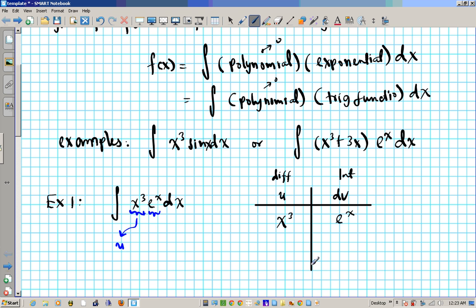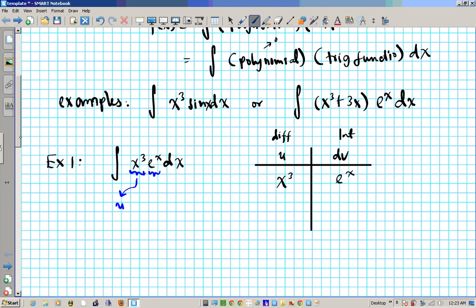So I'm going to differentiate each row repeatedly until I get to 0. What's the derivative of x to the third? 3x squared. What is the antiderivative of e to the x? It's just e to the x. Keep going.